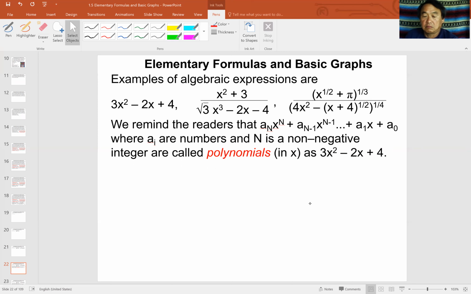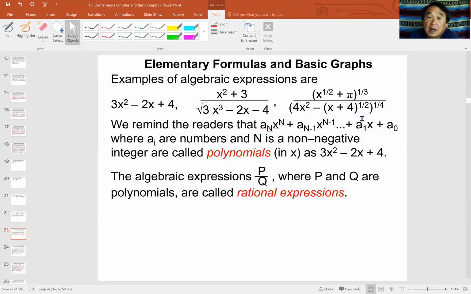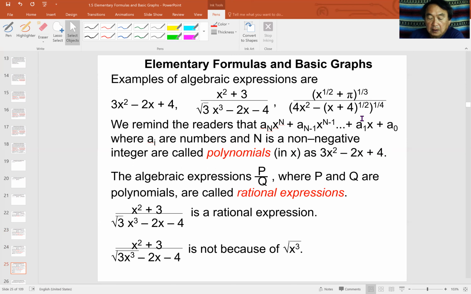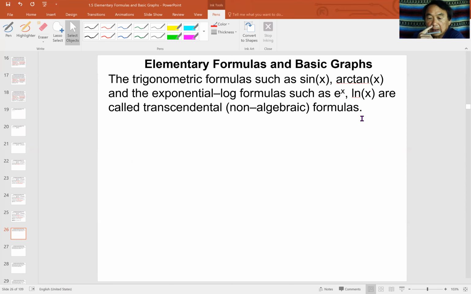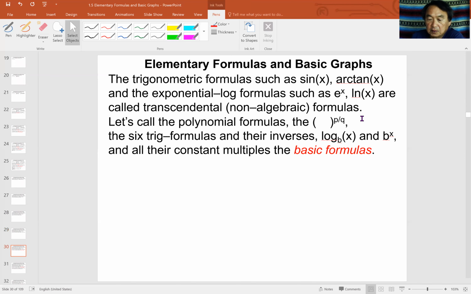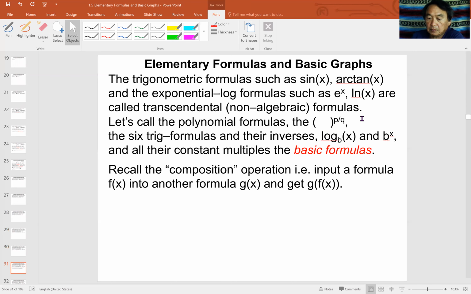The most important class of algebraic formulas, of course, are polynomials, and then there are the fractions of them, which are called rational formulas. So these are examples of rational formulas and polynomials, and roots are not polynomials; those we call power formulas in this class. Then there are trig formulas, and the inverses, of course.